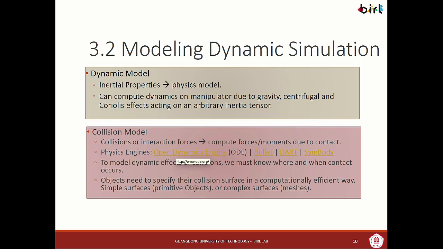Let me jump here. Collisions. In physics engines, you can have different kinds of engines. For example, Gazebo has all of these. Open Dynamics Engine, sorry that doesn't look good. ODE, Bullet, DART, Simbody. Different engines have different strengths and weaknesses.